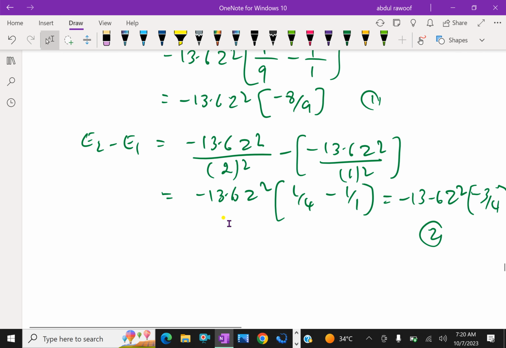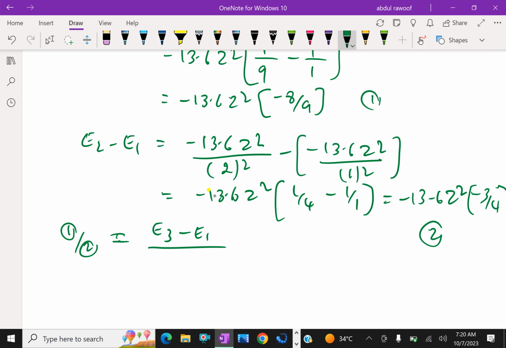Now the ratio I have to find, that is equation 1 over equation 2, which is E3 minus E1 over E2 minus E1, which is equal to 8 over 9, because the common terms cancel.